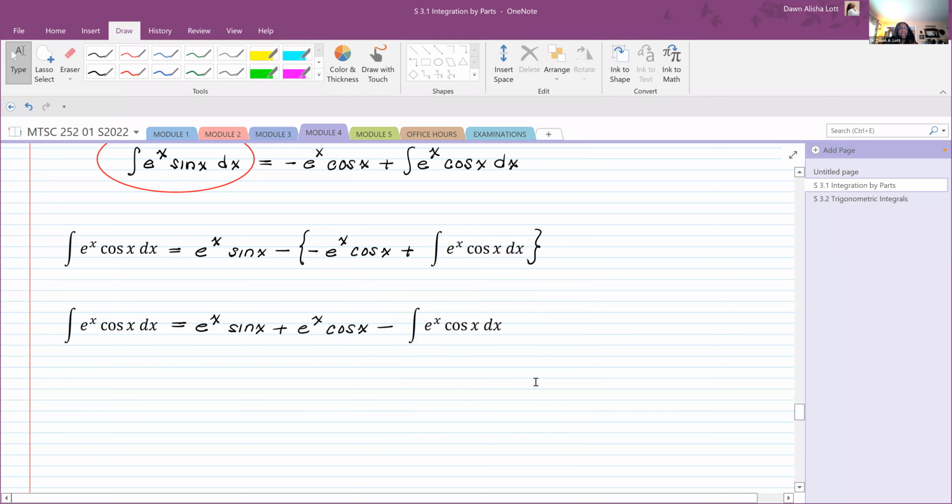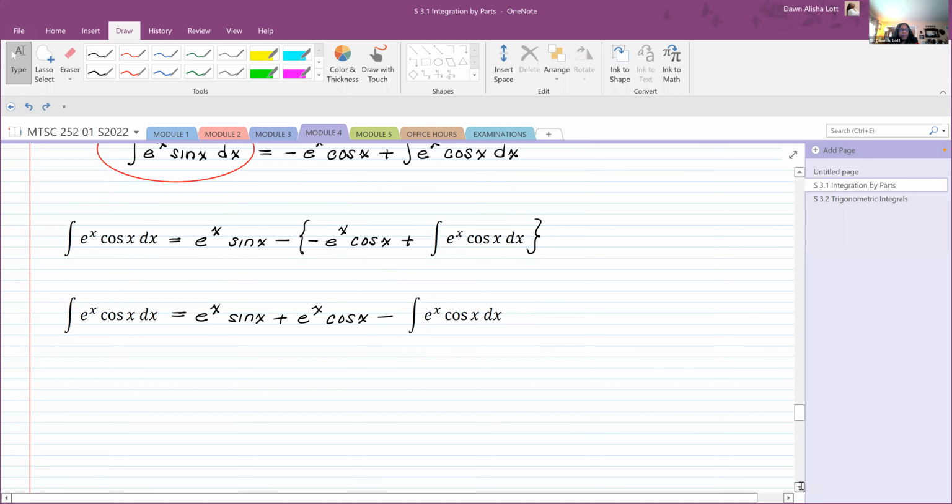So basically, I have the integral on one side and negative the integral on the other side. So I can take this one right here and add it to the other one on the other side. And that's what I'm going to do. So when I do that, I get two of them.